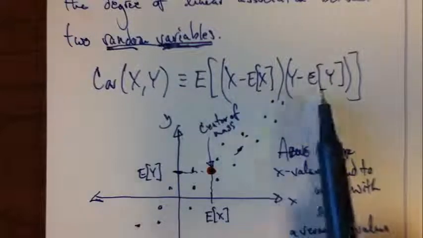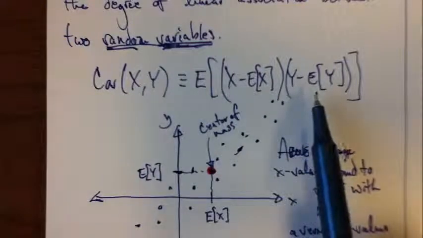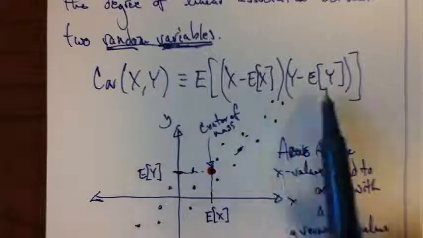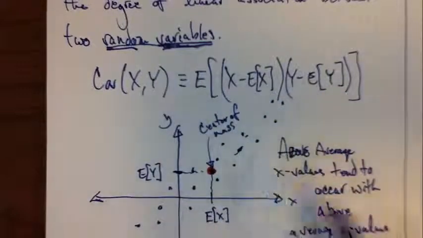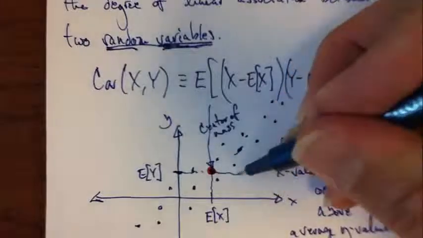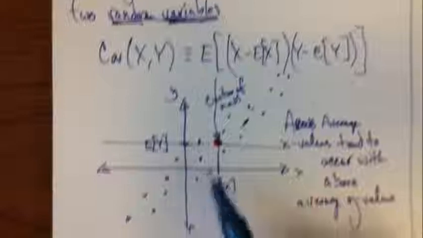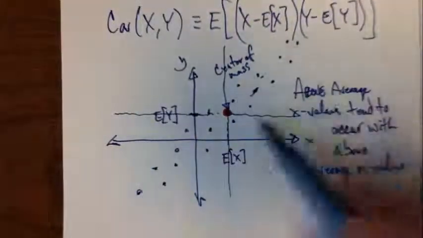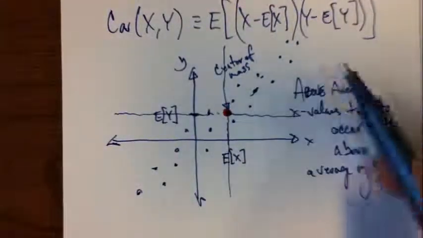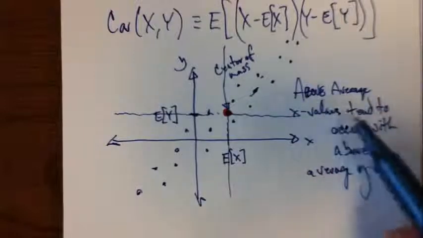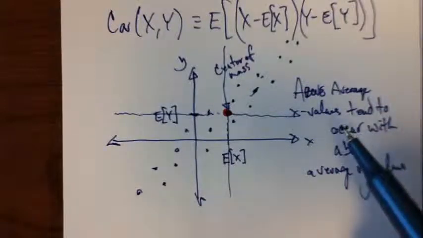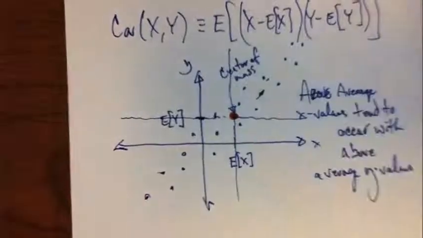Negative times a negative is positive again. So the average of a bunch of mostly positive things, with contributions mainly from a region down here and a region up here, you're going to tend to get something positive on the average. So in this case, the covariance of x and y is going to be greater than 0.